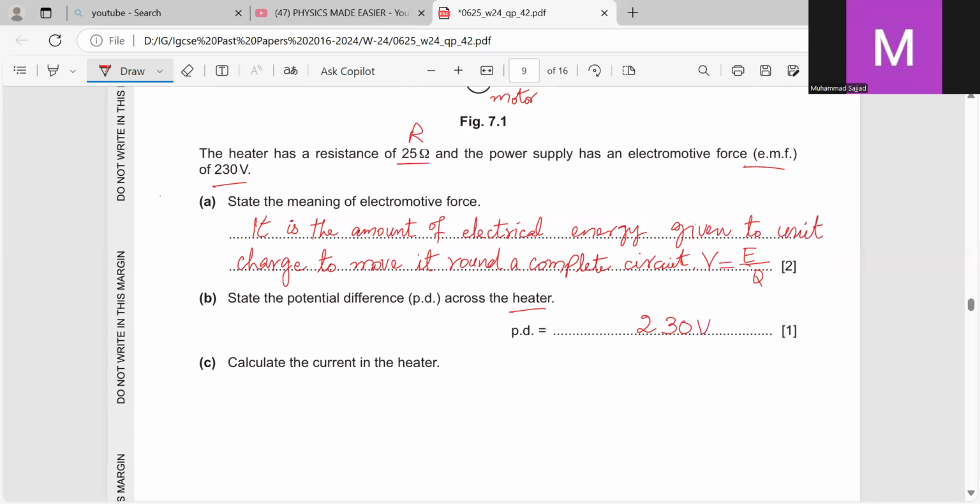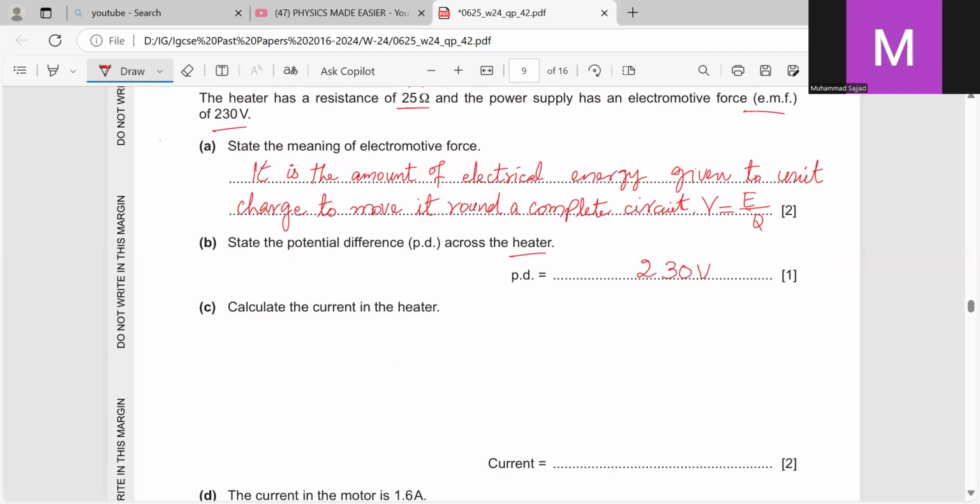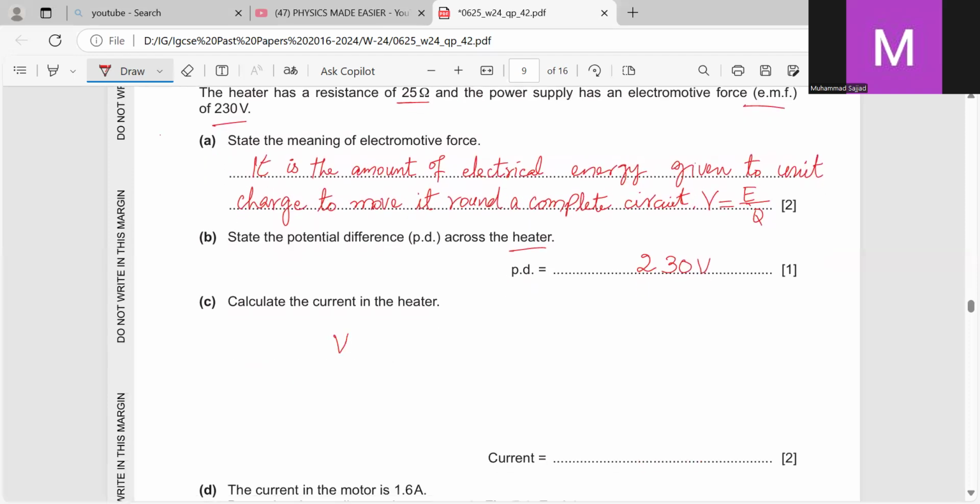Calculate the current in the heater. Very simple. Resistance is there, voltage is there, so current we can easily calculate by Ohm's law. V is equal to IR. Make I the subject, that will be equal to V over R, which means 230 divided by 25.